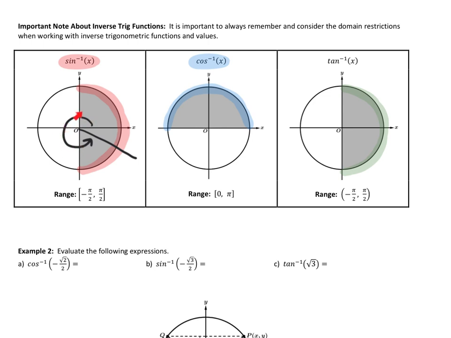Is inverse sine defined in this quadrant or this quadrant? No. So instead of doing this, we're actually just going to do this, which means you're not answering with positive angles when you're down in quadrant 4. You're going to be answering with negative angles since we're going clockwise instead of counterclockwise.